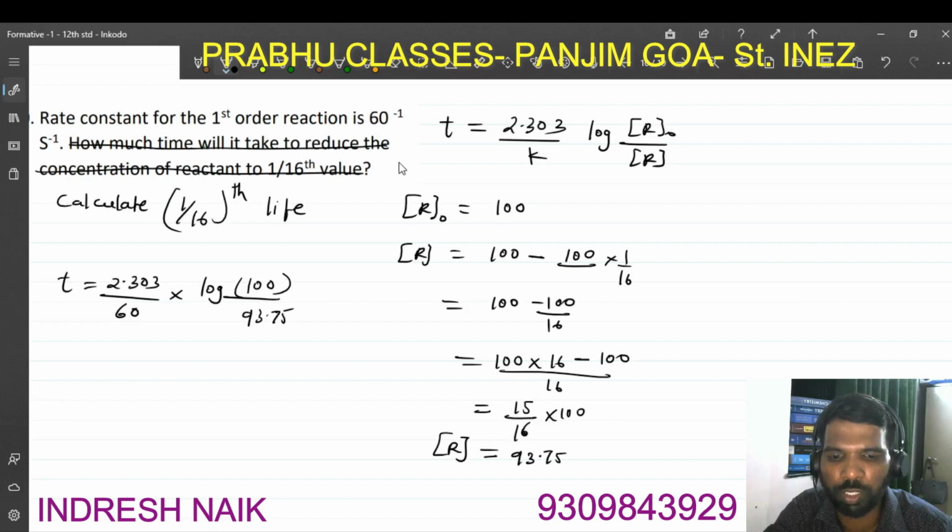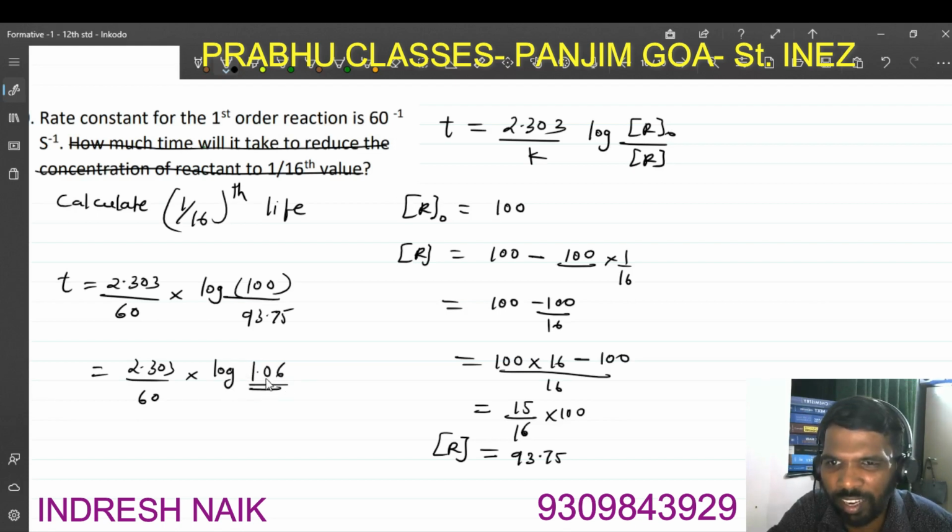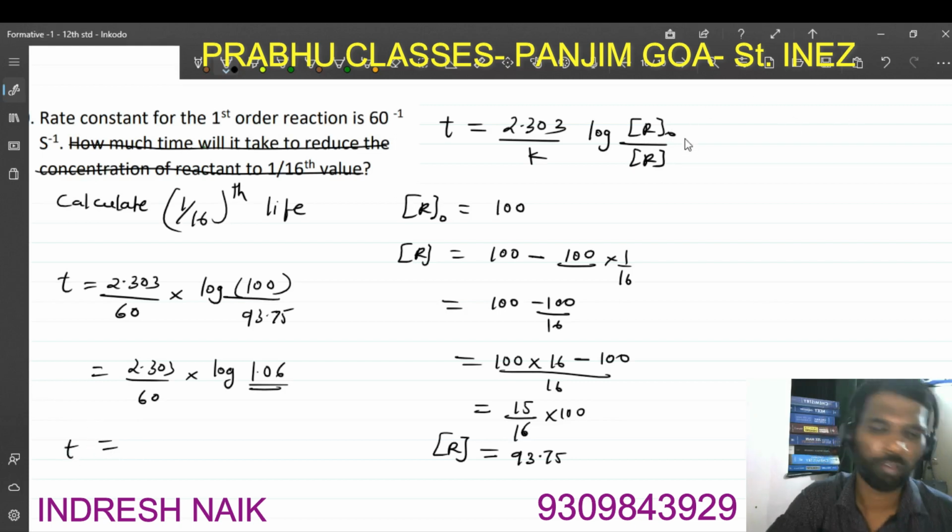So you are going to proceed this way: 2.303 upon 60 into log of this answer, which is 1.06. You will get a very negligible time. Find the log of 1.06. That will be very, very less. Multiplied by that, this answer will be very, very negligible. I wanted to explain the concept, when to use what and how to do this.